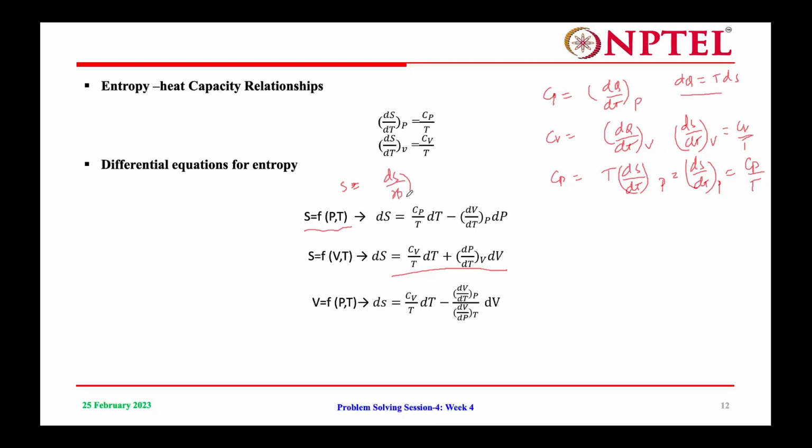dV equals (dV/dP) at constant temperature dP plus (dV/dT) at constant pressure dT, right. Now here (dS/dP), right, (dS/dT) at constant pressure, so you can put this value in this expression, then you will get this.